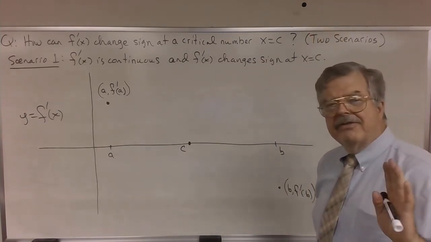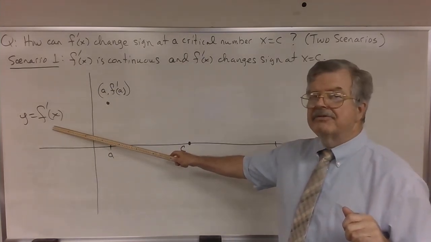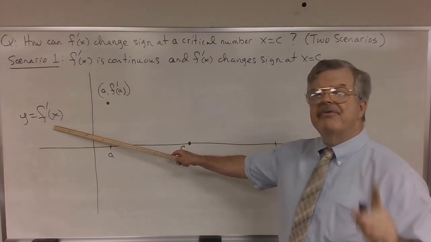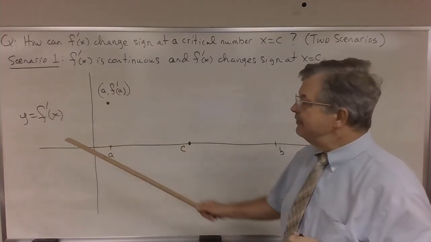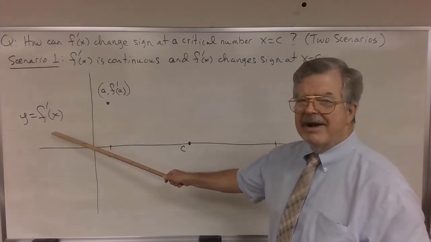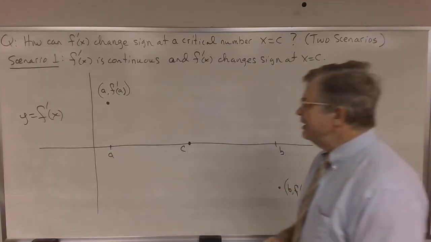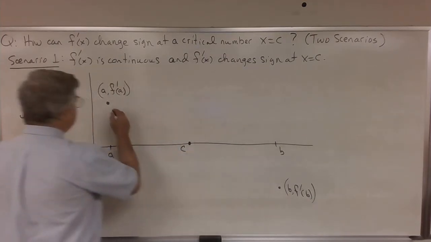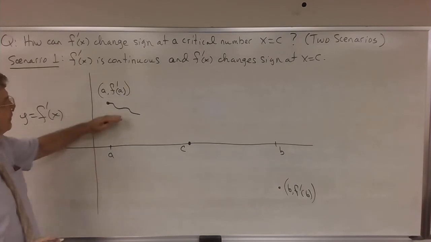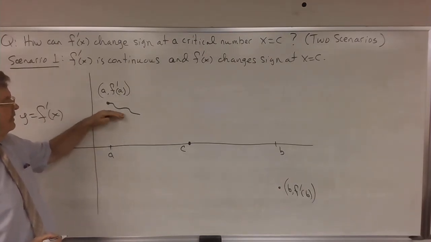Now, to show how this works, I'm drawing a graph not of y equals f of x. I'm drawing a graph of y equals f prime of x. So this is not a graph of f of x. This is a graph of f prime of x. And over here, we'll assume that f prime of x is positive.